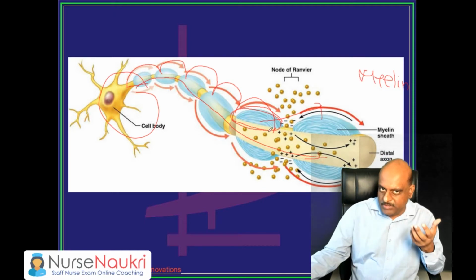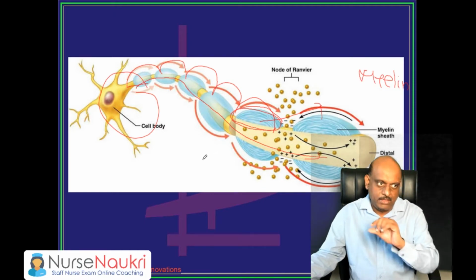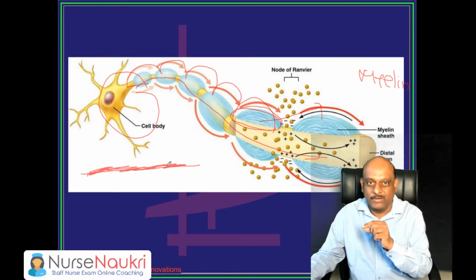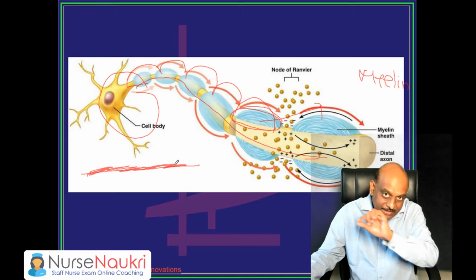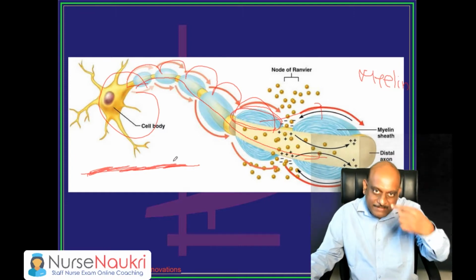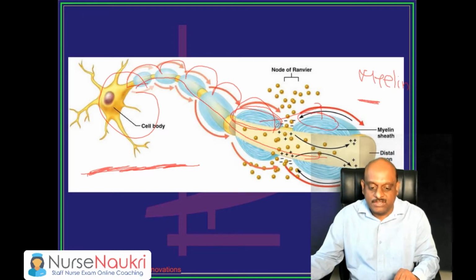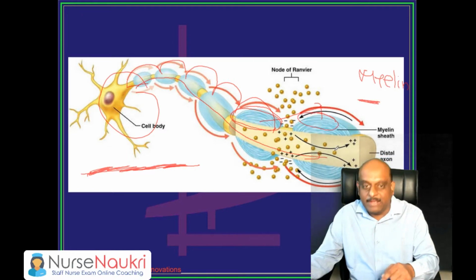So imagine how an electrical wire has copper inside and plastic around it. If you take an electrical wire, inside there is copper, and outside there is plastic. There is a similar thing called myelin, which is surrounding this nerve fiber.